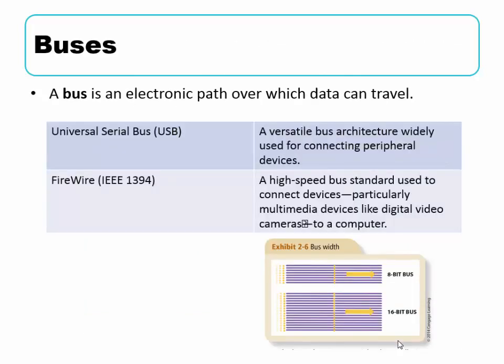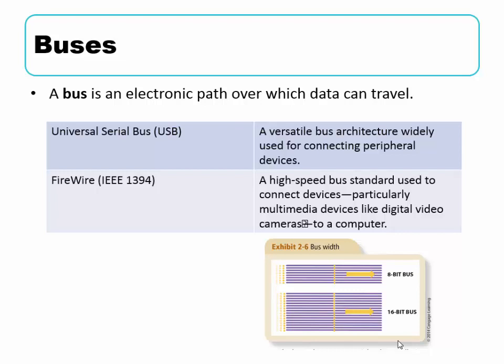Alright, a bus is an electronic path over which data can travel. Buses are located within the CPU to move data between CPU components. A variety of buses are also etched onto the motherboard to tie the CPU to memory and to peripheral devices. The number of bits being transmitted at one time depends on the bus width, which is the number of wires in the bus over which data can travel.